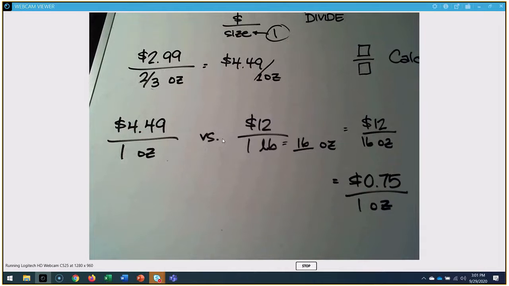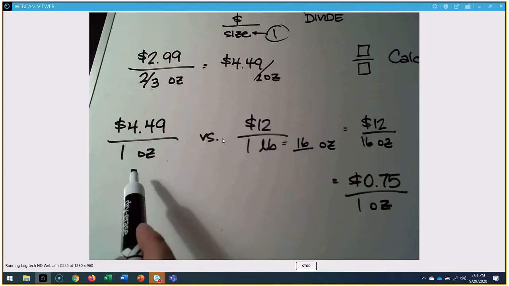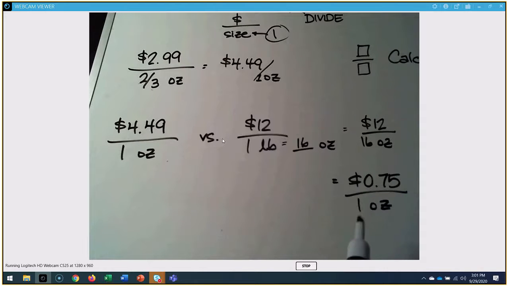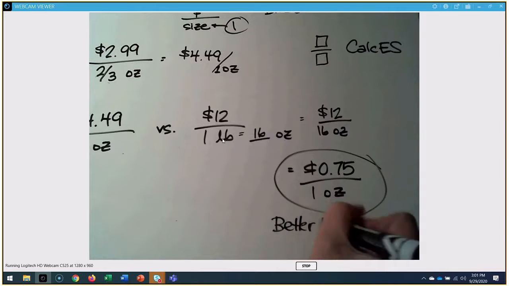Okay, now I can compare this. I've got unit price per ounce versus price per ounce. Clearly, without even a question, this is the much better deal. It is so much cheaper.